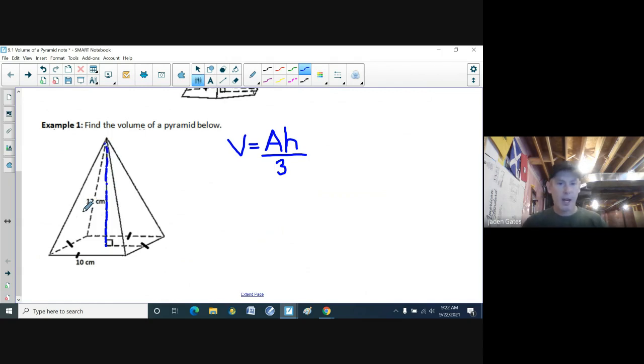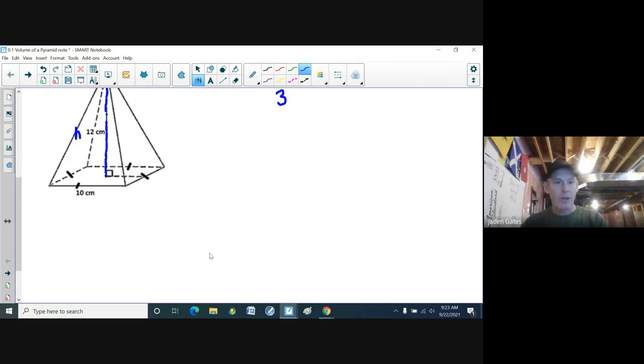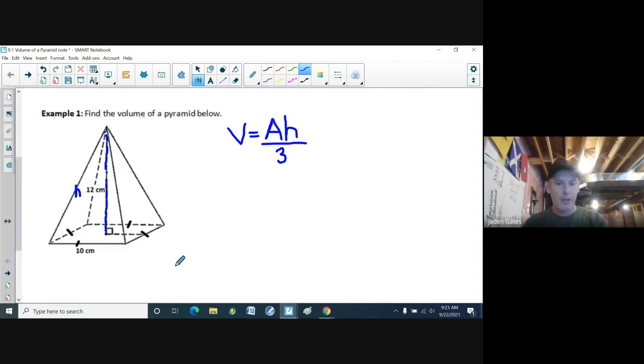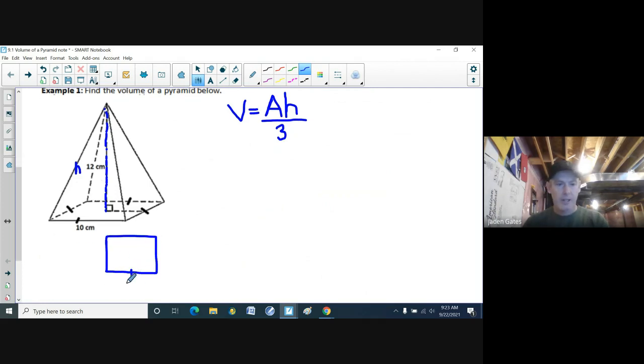All right, and that height is 12. Now down at the bottom here, you can see these little tickies. So if I was to stare straight down from the pyramid, what we have is a rectangle. Kinda. Because it is a special rectangle, because all these sides are the same, which actually means it's a square.